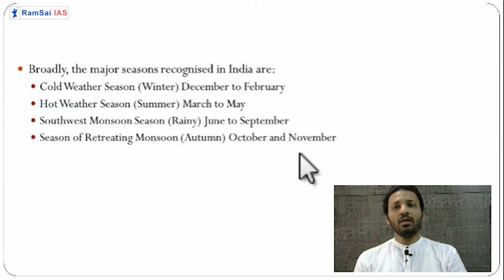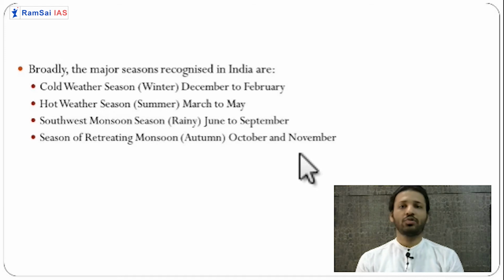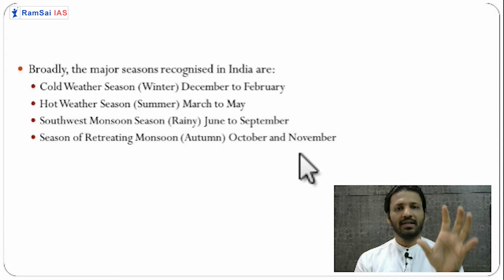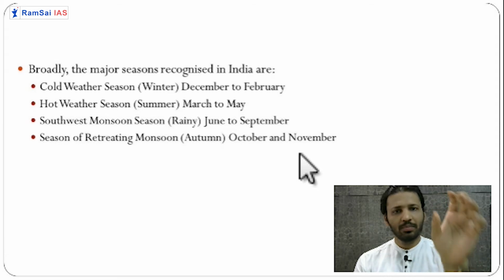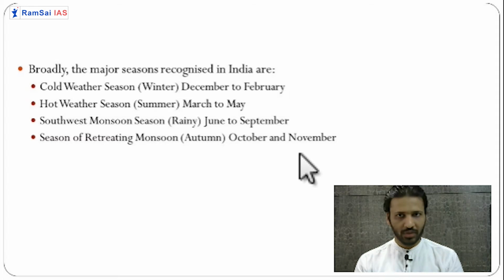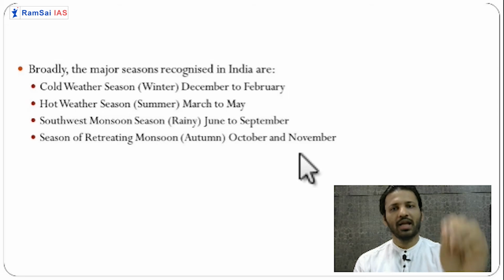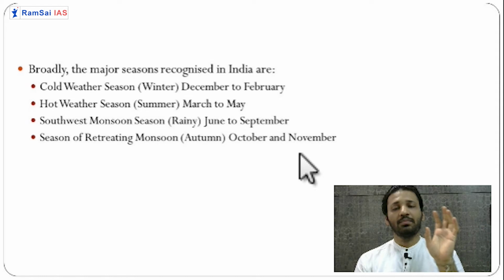Now when we are saying climate, we can classify it into four types of season in case of India. So India has four seasons. Seasons are nothing but a particular set of climate in a particular period of the year. In a particular 3 or 4 months of the year, you have a particular type of climate, humidity, rainfall, a particular amount of sunlight, number of days and hours.